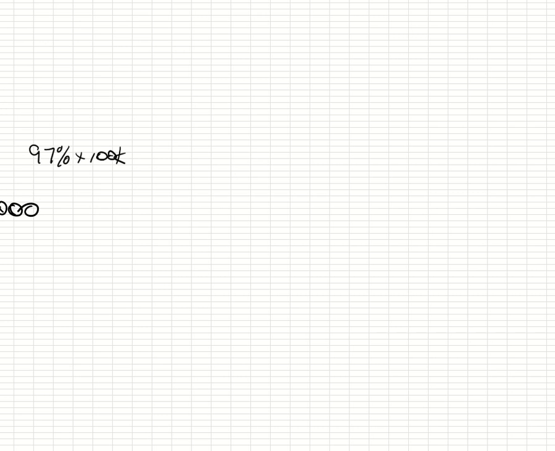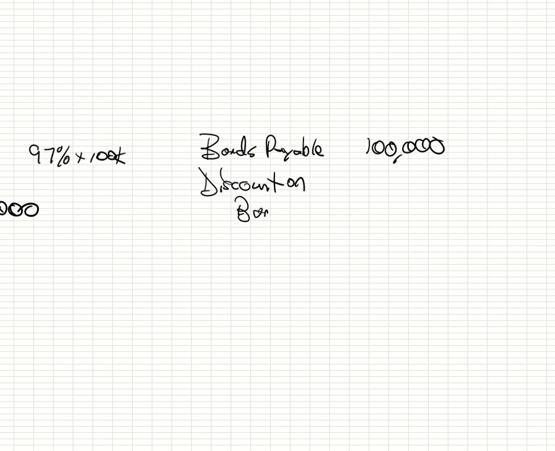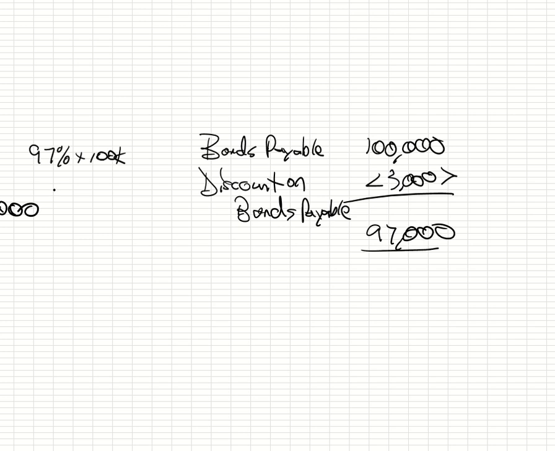So when you take bonds payable of 100,000, subtract out the discount on bonds payable of 3,000, that's going to give you 97,000, which is the carrying amount on bonds payable.